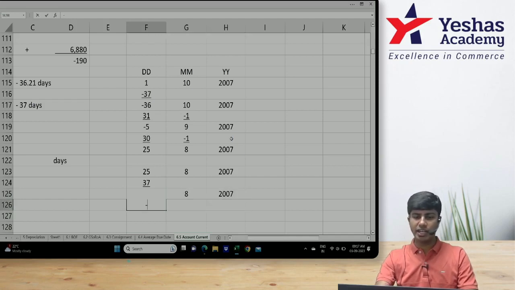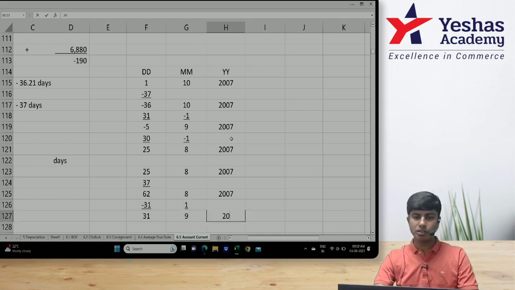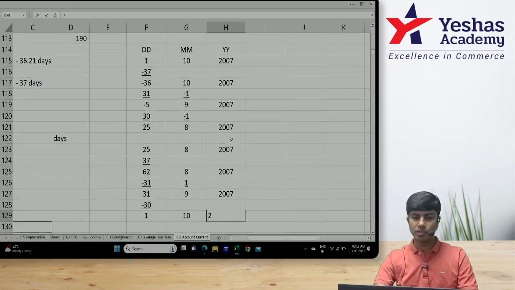Is there a 62nd date? Minus 31. We get 31st of September 2007. Is there a 31st date? No. Minus 30. We'll get 1st of October. Cross verification also over.